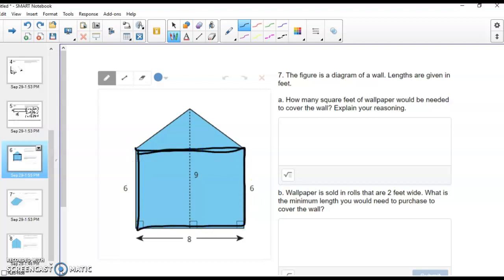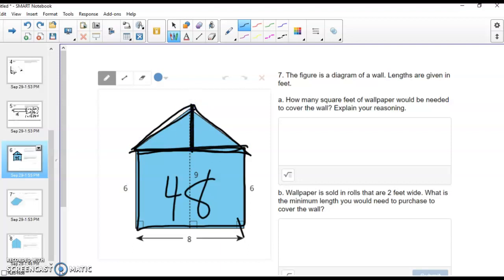6 times 8 is 48. Therefore, this whole rectangle would be 48 square units. So I'll just do it right here, 48. And then here, I could do one large triangle, which here we would have an 8 by 3.